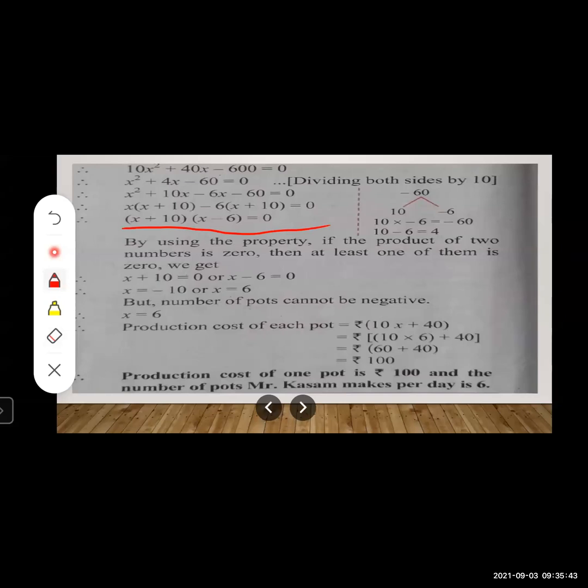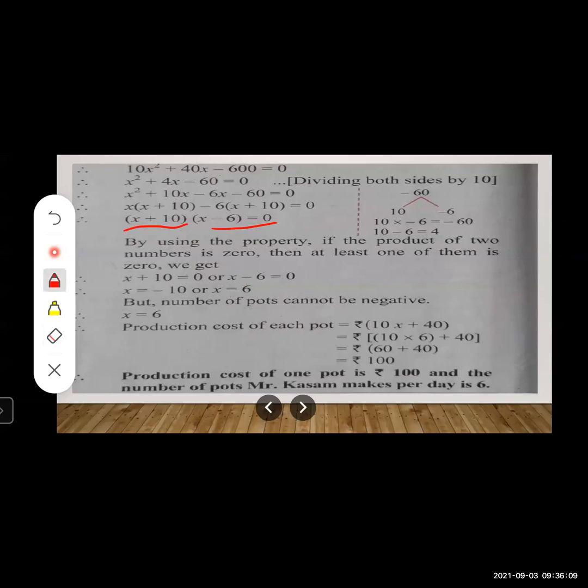Now, which property you have to use? Yes, if the product of two numbers is 0, then at least one of them is 0. This property you have to use. When you use this property, what you are getting, either x plus 10 is equal to 0 or x minus 6 is equal to 0, right?